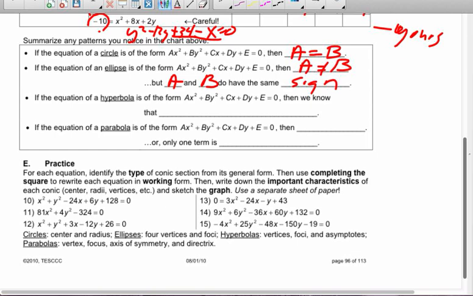Hyperbolas, we know that A and B have different signs. They can be equal, but they're going to have different signs. And a parabola, then only one term, either A equals 0 or B equals 0, or only one term is squared.